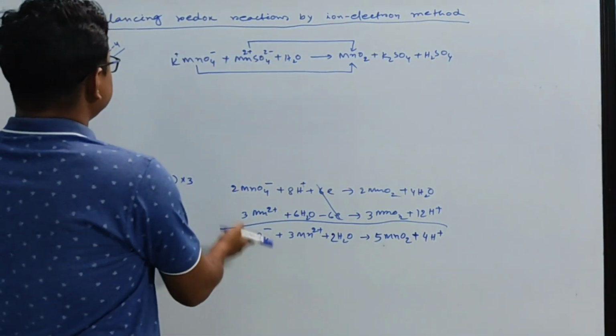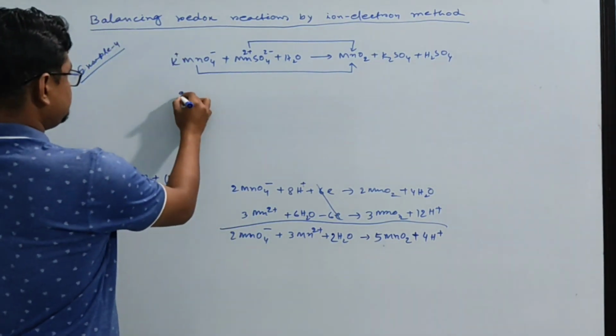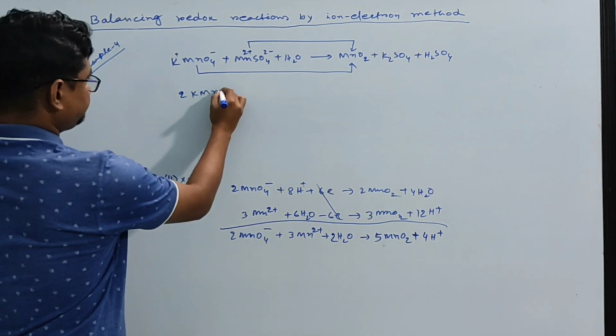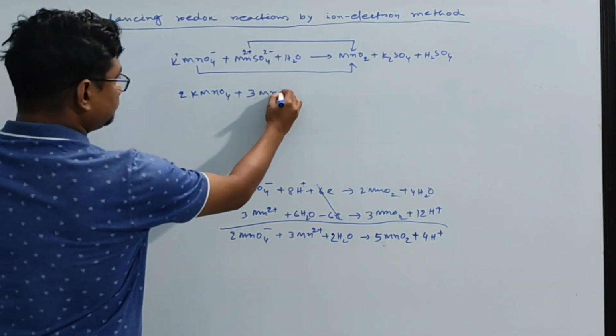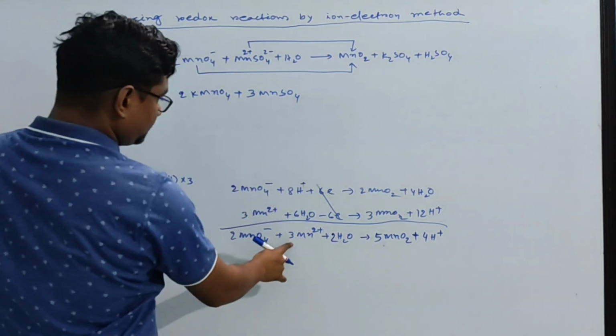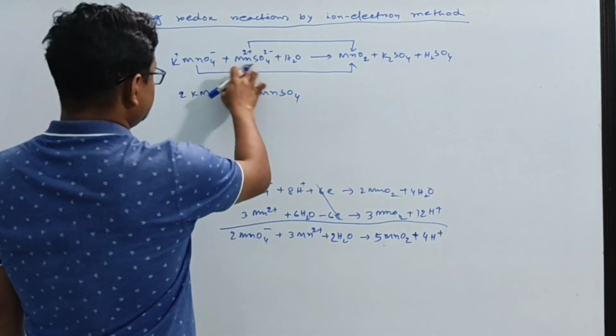So the permanganate ion was coming from KMnO4 and the coefficient is 2, so it will be 2 KMnO4 plus 3 MnSO4, as the coefficient is 3 and Mn2 plus was coming from MnSO4.